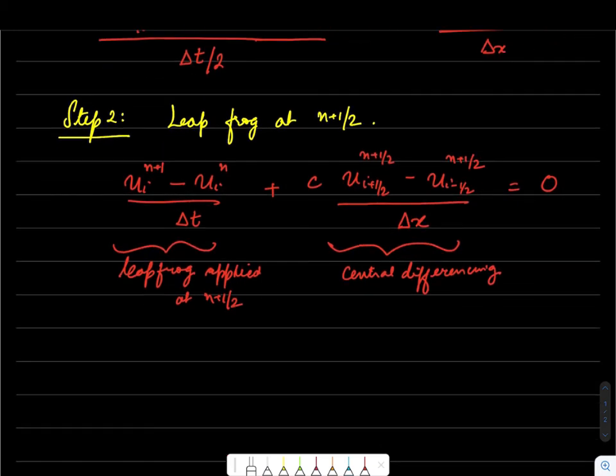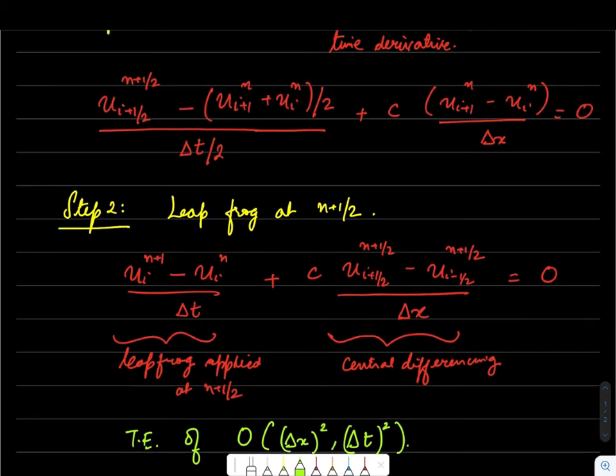So this scheme has a truncation error which is of order delta x square and delta t square. That is easy to see because we have used central differencing in time and central differencing in space.